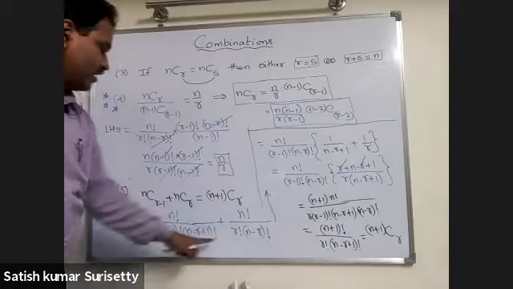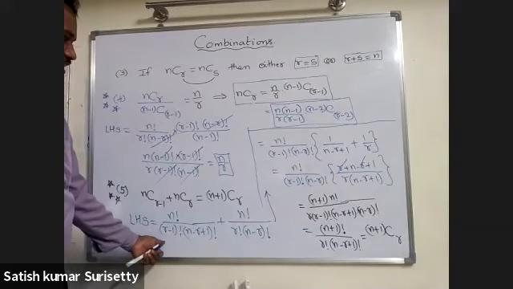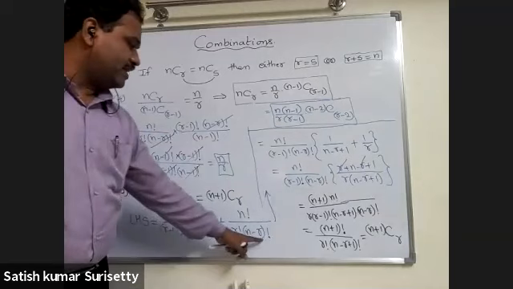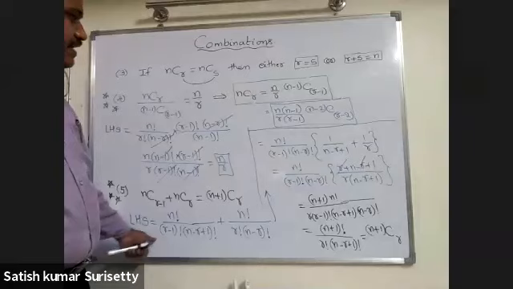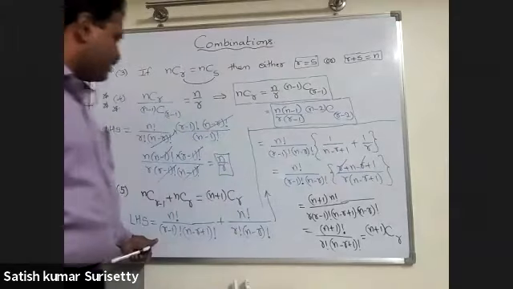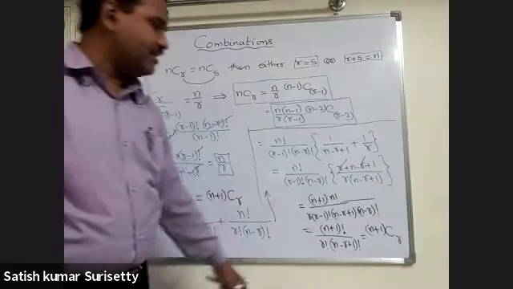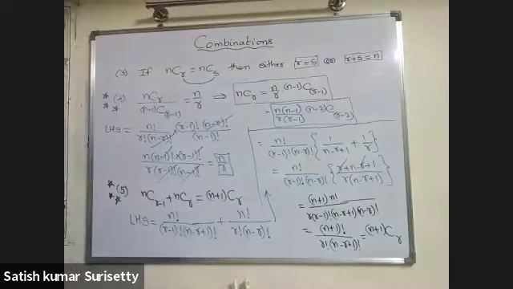Among r factorial and (r minus 1) factorial, the smaller one is (r minus 1) factorial, so take (r minus 1) factorial common. Among these two, (n minus r) factorial is the smaller one, so take (n minus r) factorial common. So the remaining is 1 upon (n minus r plus 1), and here it is 1 upon r. Now simplify and then rewrite in the form of C notation, that is (n plus 1)Cr.